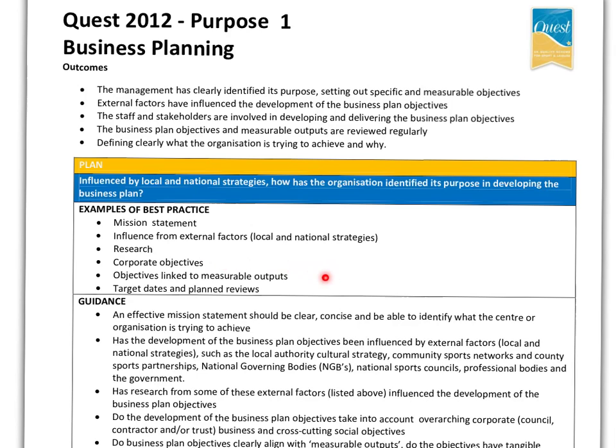These objectives are likely to have measurable outputs and target dates and planned reviews. Now, you may assess that in the mission, vision and value statement that you have available to you, there are clear objectives, but it isn't clear how they're measured and how success will be measured.